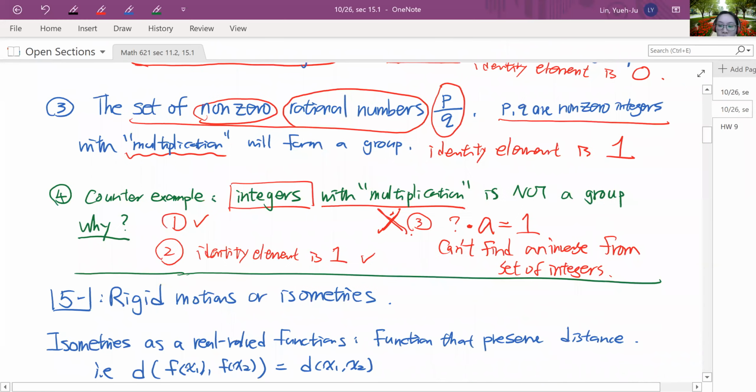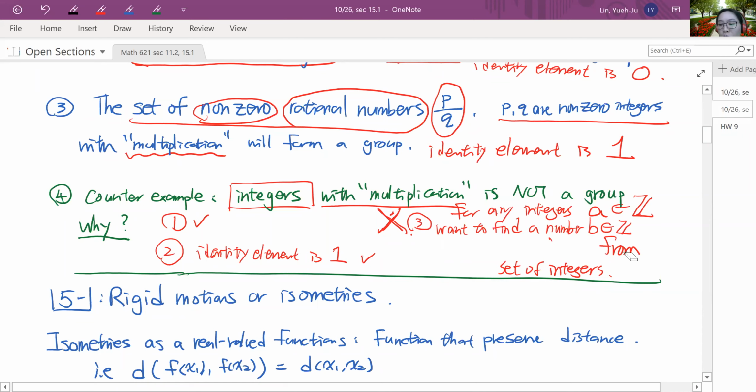So let me put it out here. For any integer a, from whatever this collection is, you want to find a number b from the same set such that a times b, because now we are doing multiplication, the operation is multiplication, equals the identity.